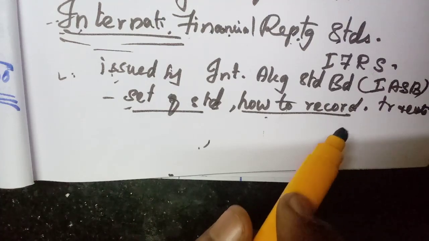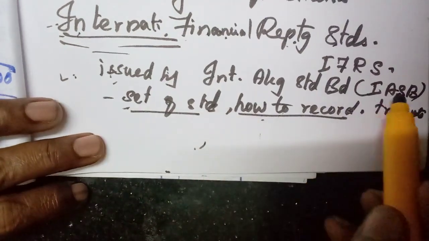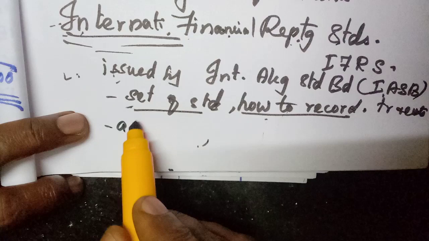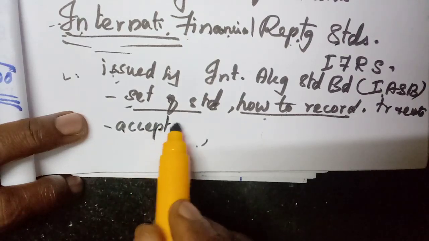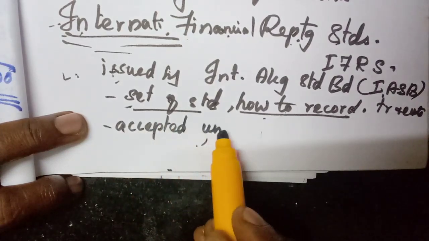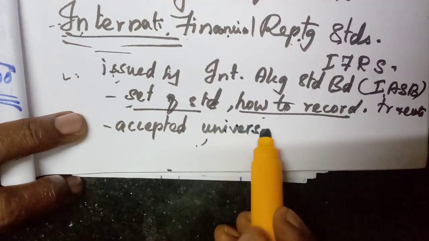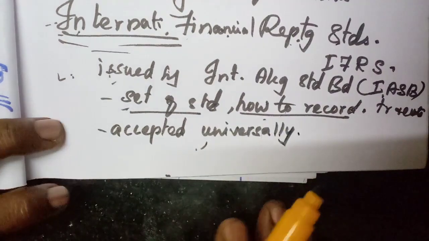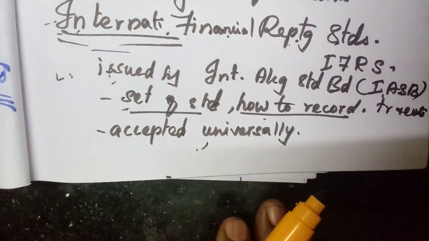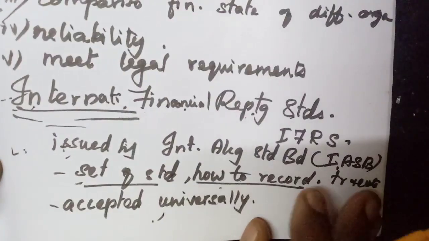So the standards issued by this board are accepted universally throughout the world, by almost all the accountants, because it is an international board. It is accepted by everyone because we can have comparison.